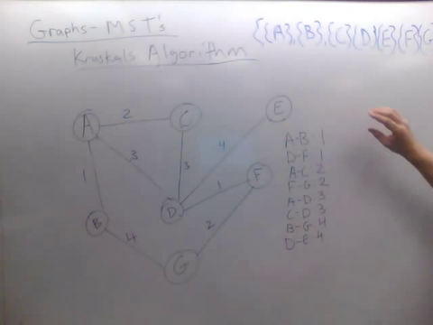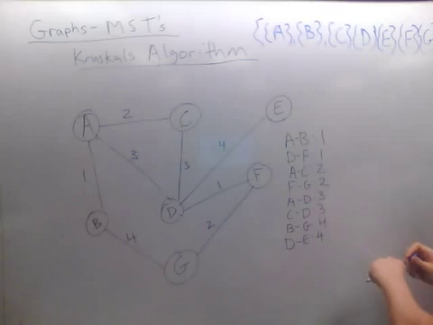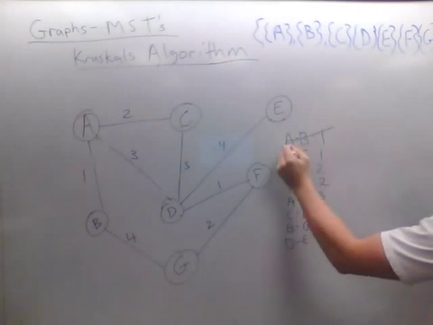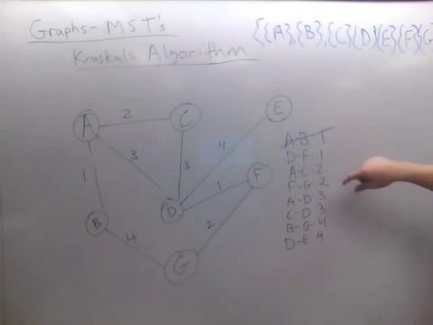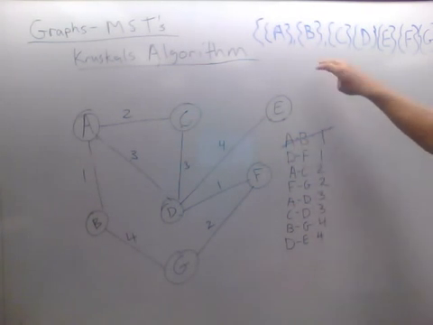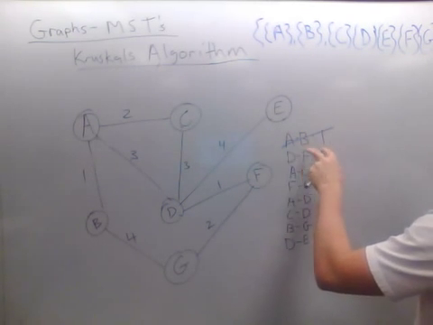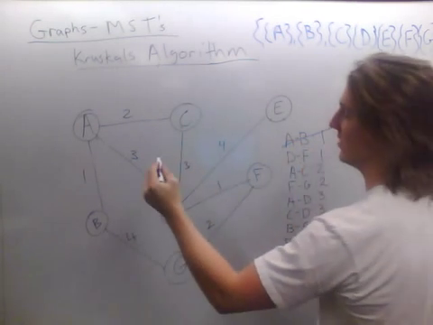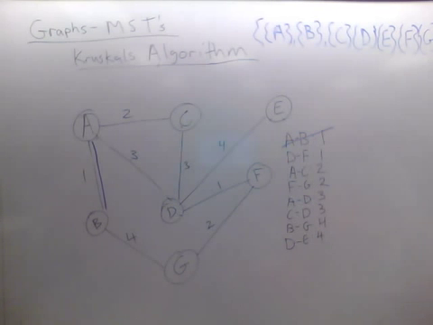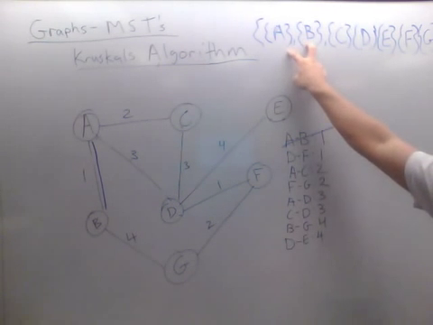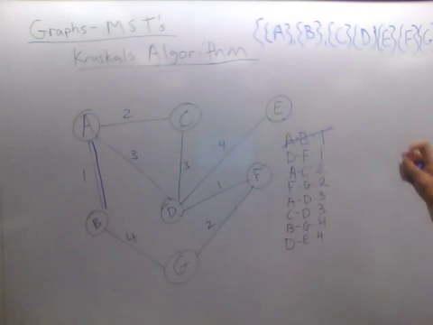So how Kruskal's is going to work is I have all my edges sorted, and I'm going to choose the minimum edge each time. So I pull out my A-B edge out of the priority queue, that's one. And how union find is going to work is I can tell if adding this edge, AB, to the current minimum spanning tree will cause a cycle. If A and B are in the same set, then it will cause a cycle.